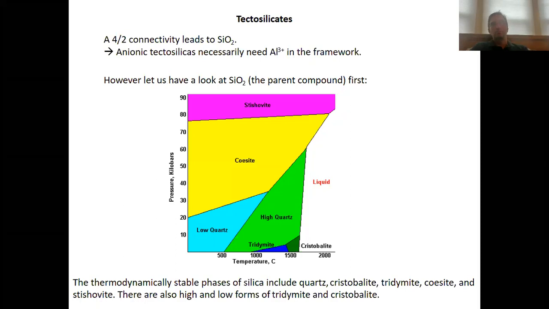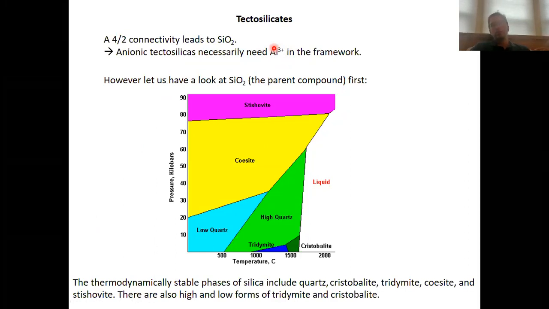Now, the most simple tectosilicate is silicon dioxide itself. So it's the parent compound of all silicates. And we have already encountered hypothetical forms of SiO2 previously, in particular layered structures of SiO2.